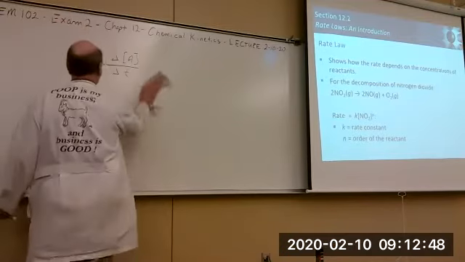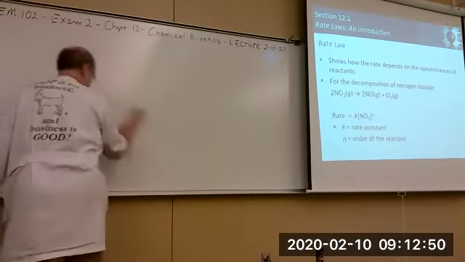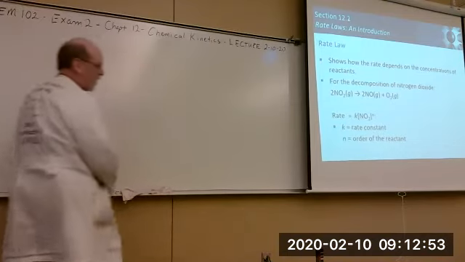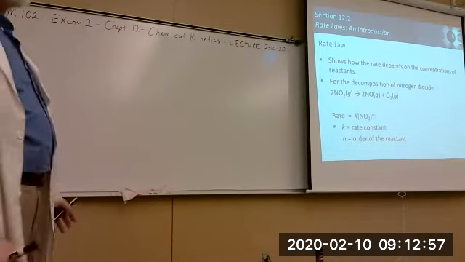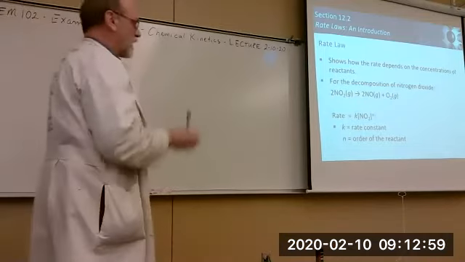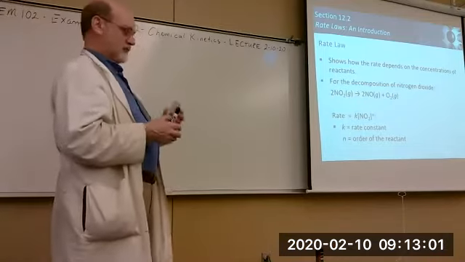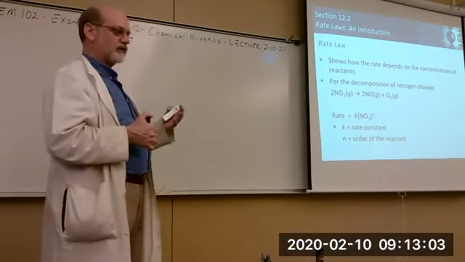Okay, so now we're going to express this reaction in terms of a law. Remember, laws just say this is what happens. It doesn't explain why. In kinetics, the laws are always mathematical.